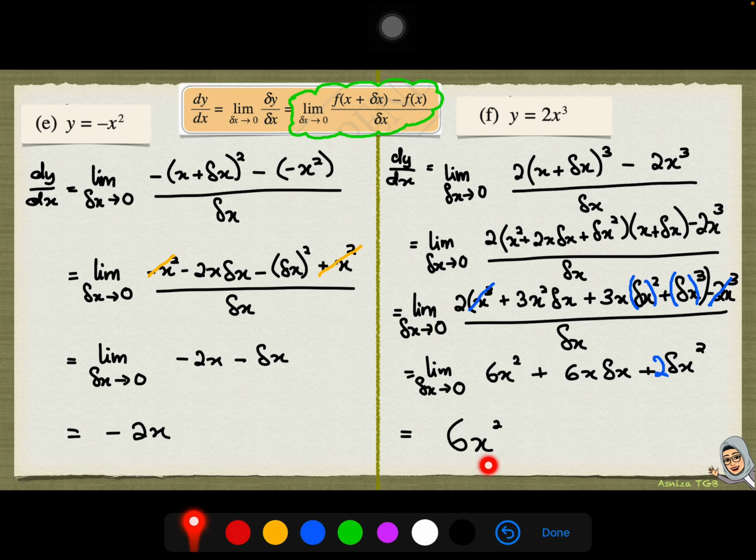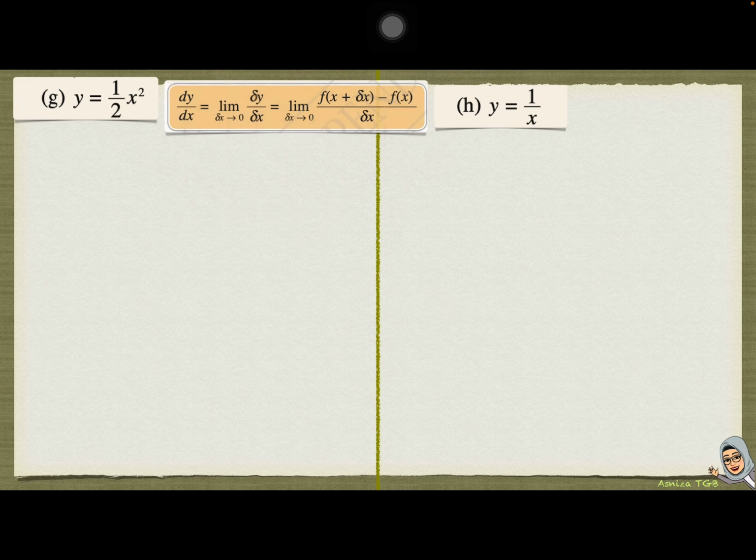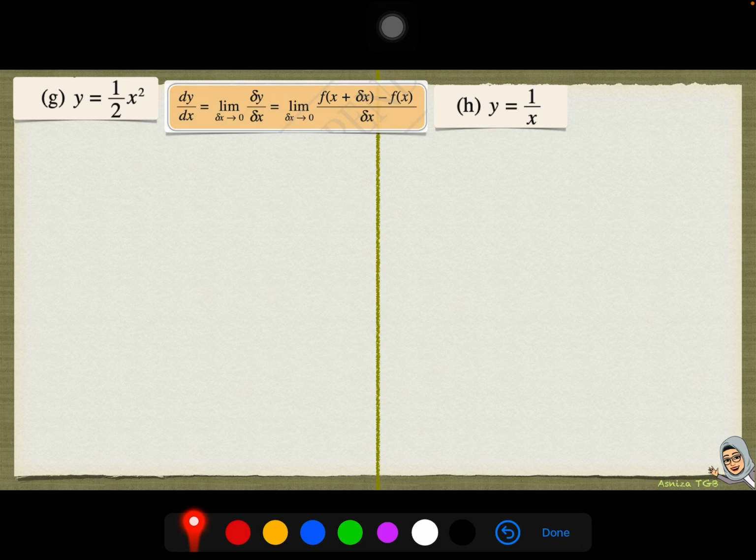So the first derivative is 6x squared, for the function 2x cubed. I leave G to you. You have to answer G, finding dy dx using first principles.